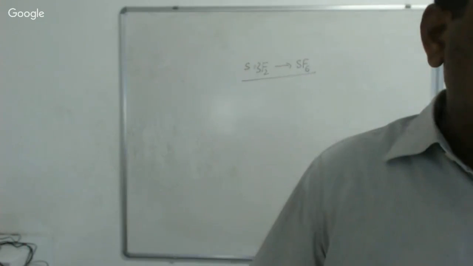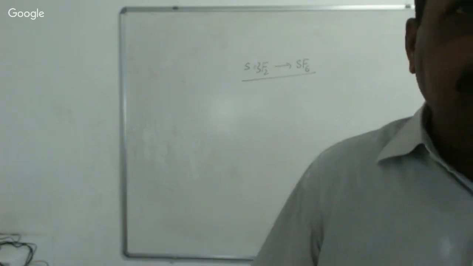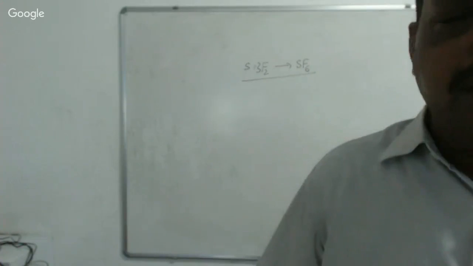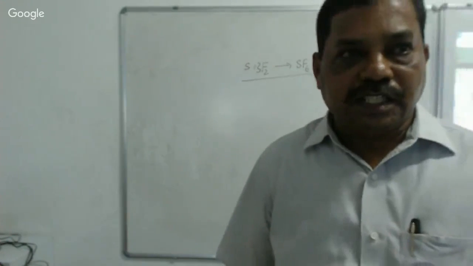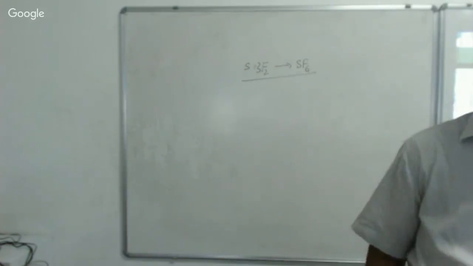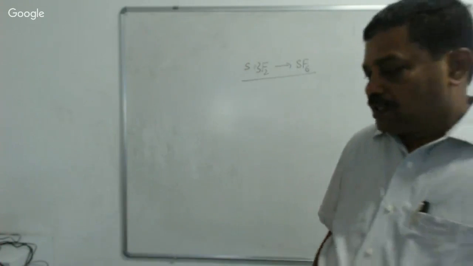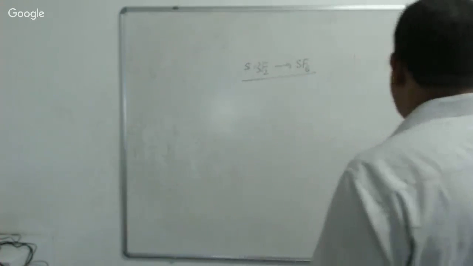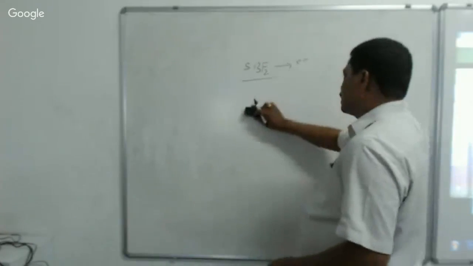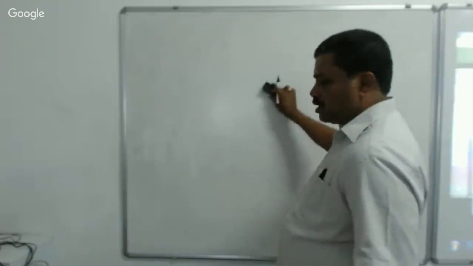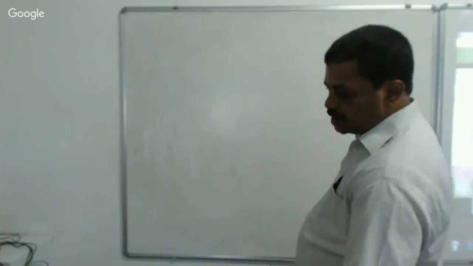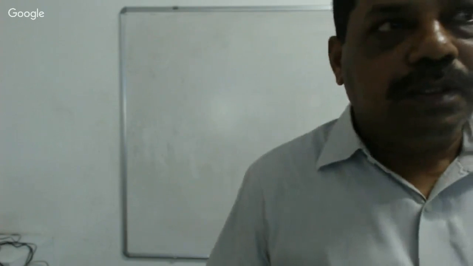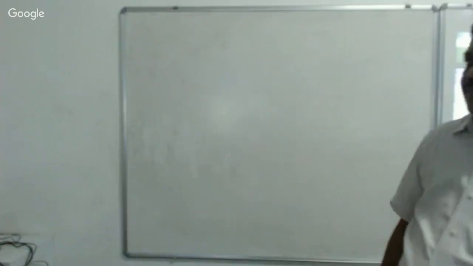So SF6 has a regular octahedral geometry, a very stable molecule. Because of its stable geometry and strong sulfur-fluorine bonds, it is quite inert in nature. So SF6 does not undergo hydrolysis.